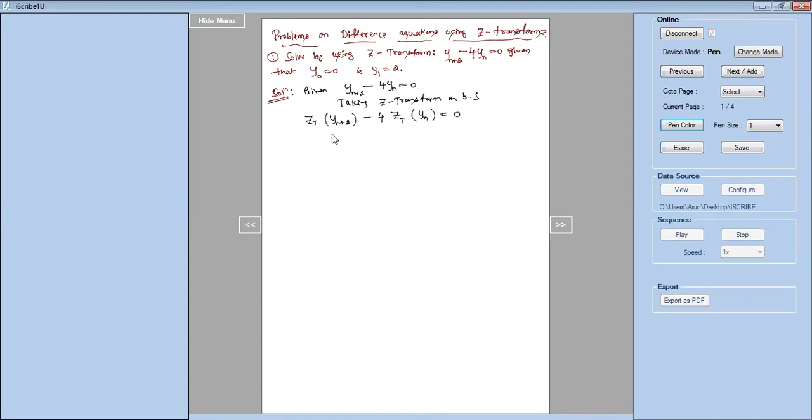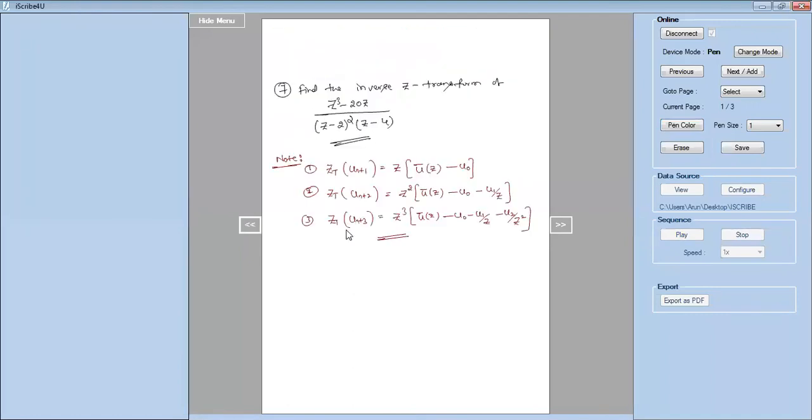Now Z transform of y(n+2), we know that. So just look at the formula. y(n+2) is the same as u(n+2). The formula is z square into y bar of z minus y0 minus y1 by z.